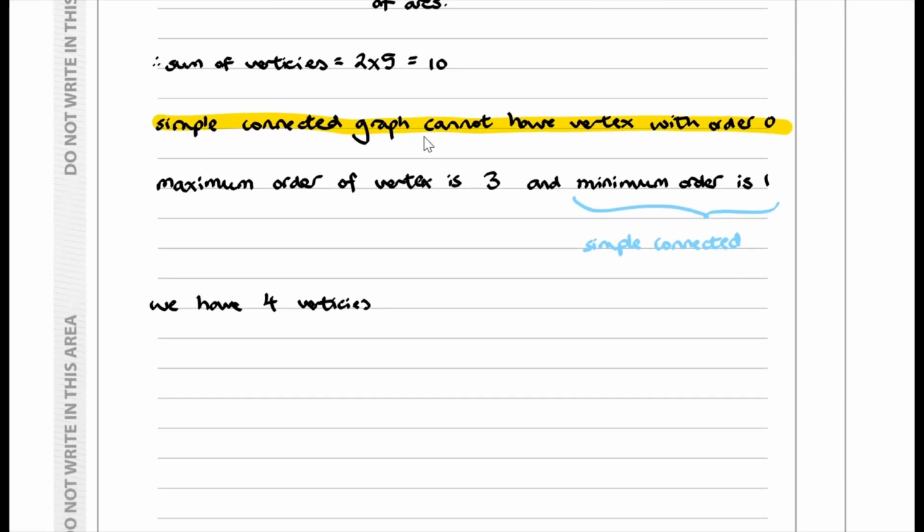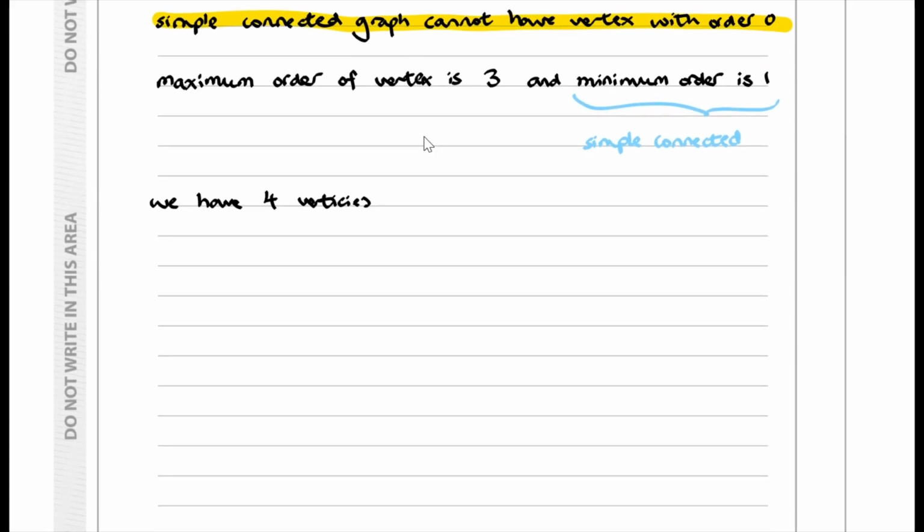Now, one combination we can try is, if we write this down, a possible combination we can try is 3 plus 3 plus 3 plus 1.